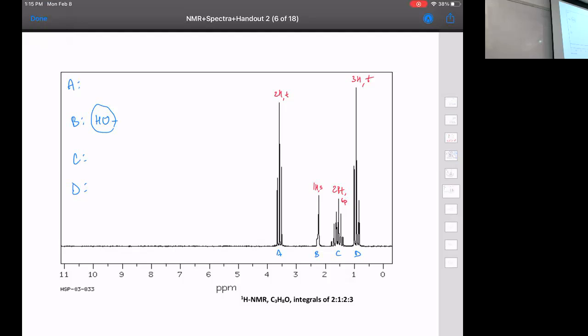So this gives you a good amount of information. Before we do anything, we would say it's next to an O or an N. But because we know there's an OH in here, it has to just be.